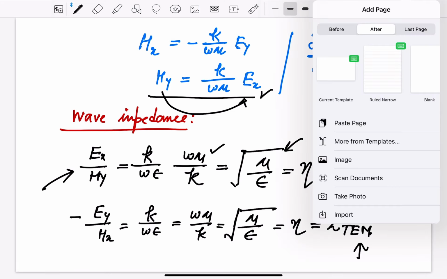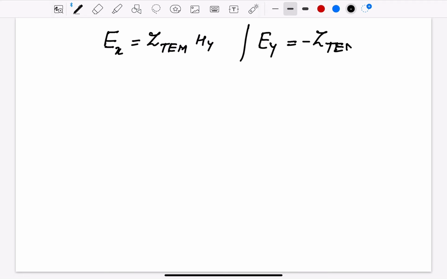Now let us generalize these things so that this could be used in further analysis too. Basically, we may write Ex is equal to Z TEM times Hy. This was one equation. Another was that Ey is equal to minus Z TEM times Hx. So this is the wave impedance we have written here.